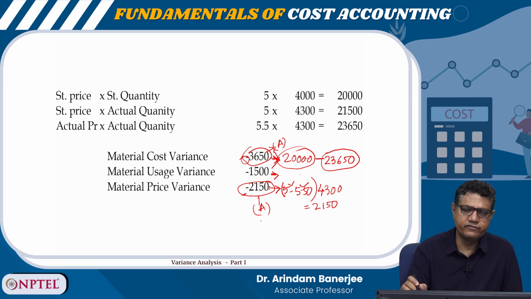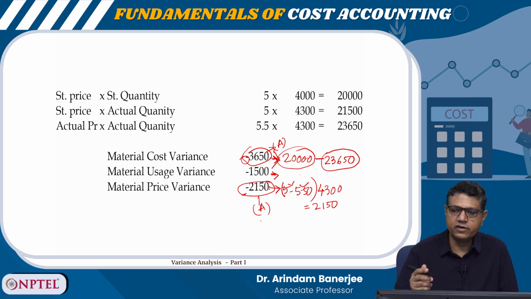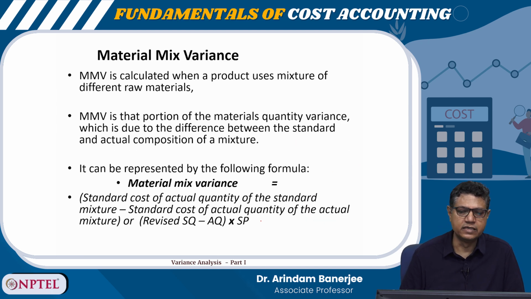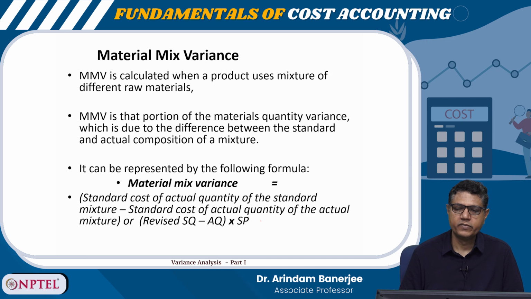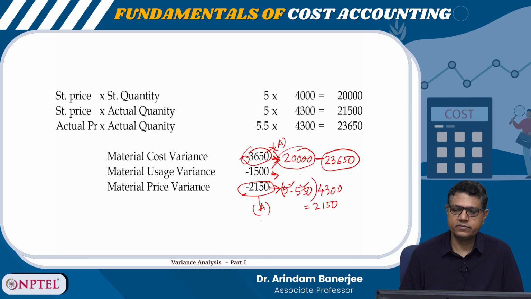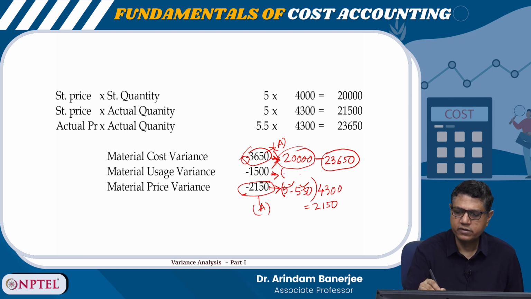And material usage variance happens because of difference in usage, right. What is the formula? Formula is this, SQ minus AQ into SP. So, standard quantity 4000 minus actual quantity 4300 into 5.